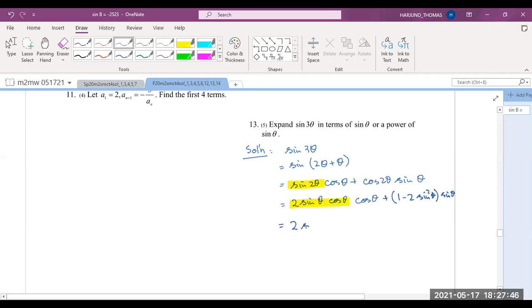This is 2 sine theta cosine squared theta plus sine theta minus 2 sine cubed theta. I changed the cosine squared theta into 1 minus sine squared.